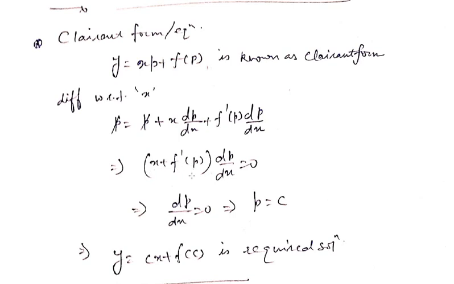Because x plus f prime p cannot be 0, it means dp upon dx must be 0. So from here we obtain p is equal to some arbitrary constant. It means in Clairaut form, to obtain the solution, we can just replace p with some arbitrary constant c. Hence, we get y is equal to cx plus f of c. This is the required solution.